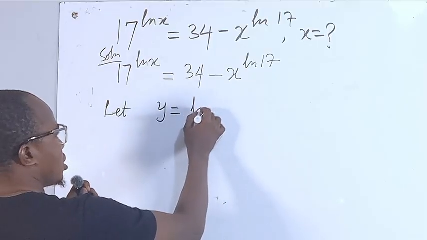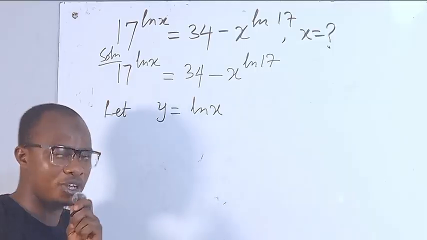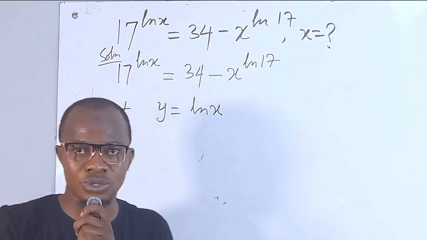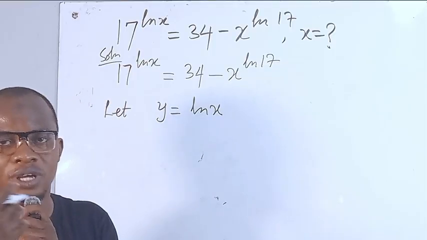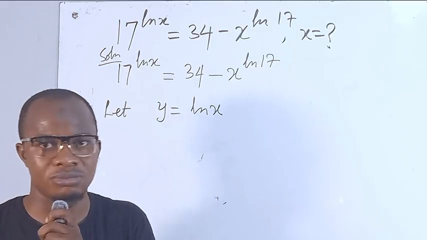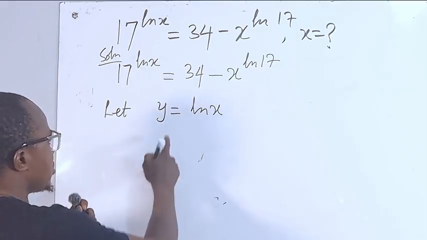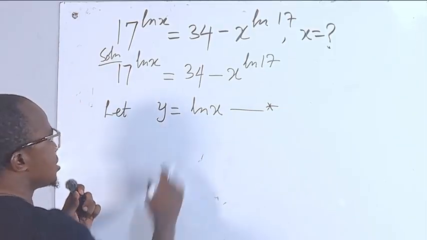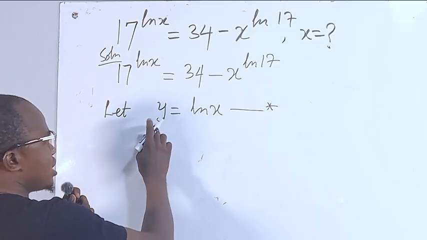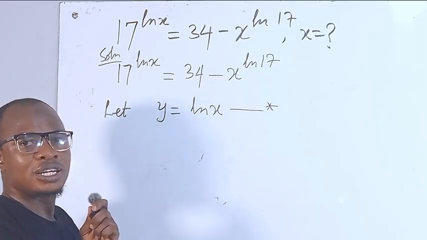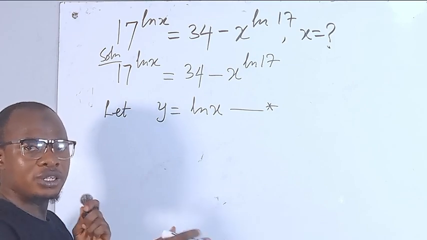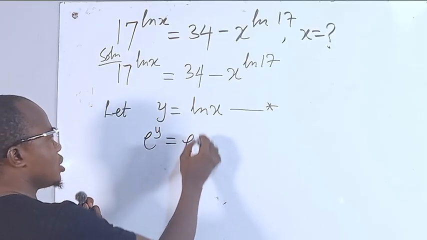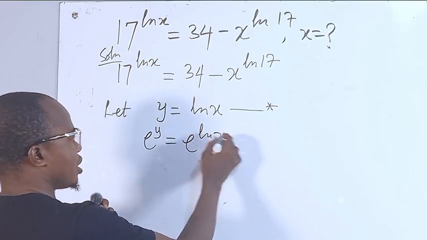y to be ln of x from here. So if y is ln of x, we want to introduce any variable. It can be y, it can be anything. So we have y to be this. Now, if I exponentiate both sides, that is e to the power of y equals e to the power of ln of x.